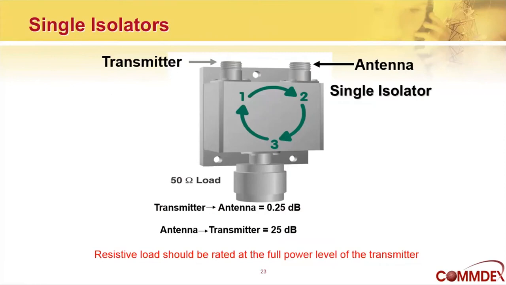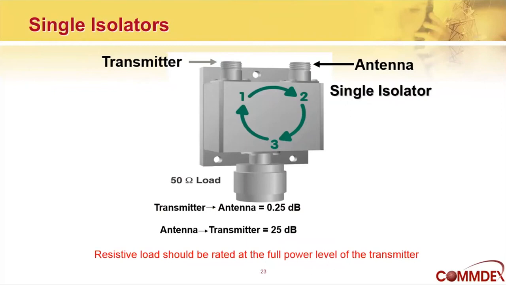What we want to do, if there's a short or something wrong, a high SWR on the antenna, and some of that signal gets reflected back, we don't want it to go straight to the transmitter. So it goes into port 2 and it heads towards port 3, where it gets absorbed in the load. So that's why it's an isolator. It isolates the transmitter from any antenna faults and allows the transmit signal to only go in one direction.